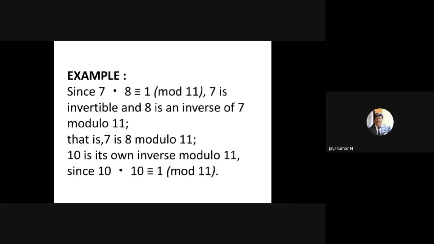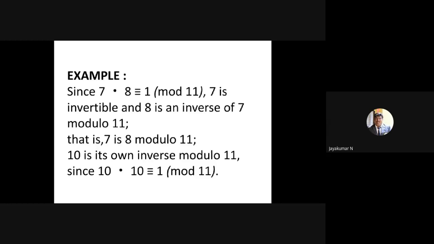So look at the example: 7x congruent to 1 mod 11. Put 8 in the place of x. So 7 into 8 is congruent to 1. Correct? 7 into 8 is actually 56. 56 minus 1 is 55, and 55 can be divided by 11.